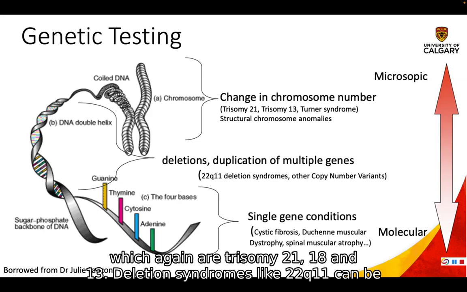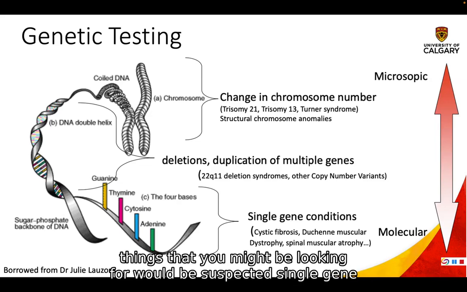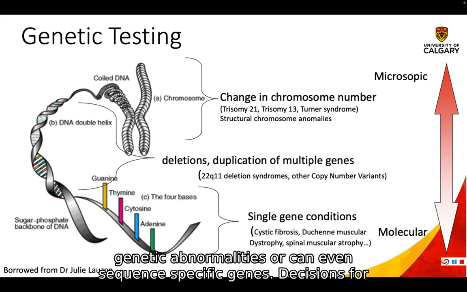Deletion syndromes like 22q11 can be tested by a directed array because you know what you're looking for. Other things that you might be looking for would be suspected single gene conditions, and these are tested again on specific arrays that look for specific genetic abnormalities or can even sequence specific genes.